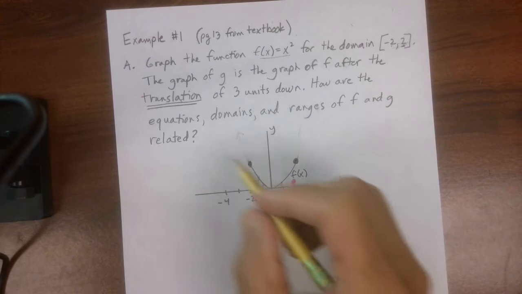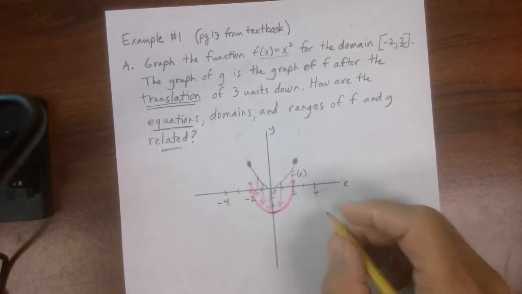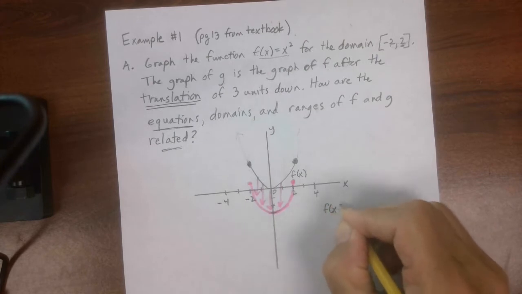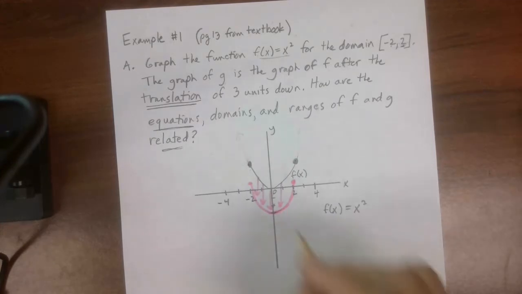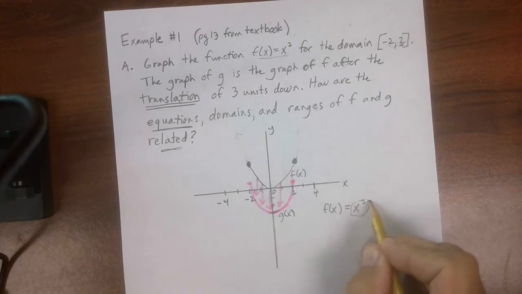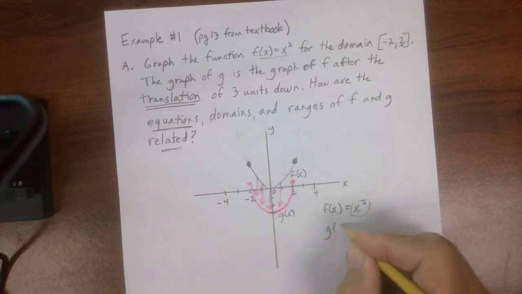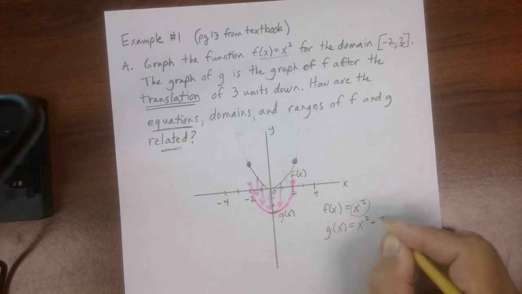Now let's talk about what the question wants. How are the equations related? Well, we know that f of x is equal to x squared. Now, in the pre-lesson, we learned that if we drop something down 3, that g of x, the pink one, is just the same thing down 3. So, where do I put it? Well, I could go x squared minus 3.